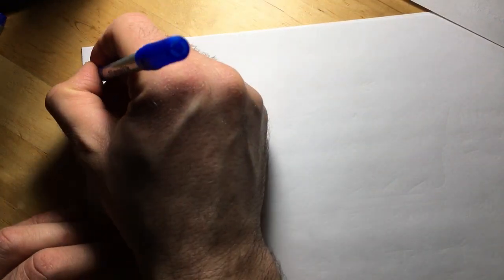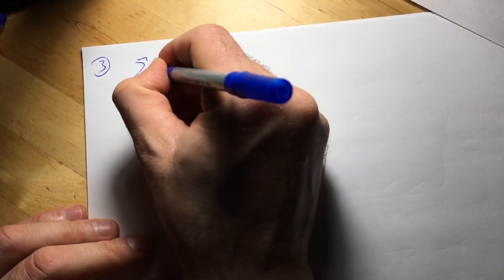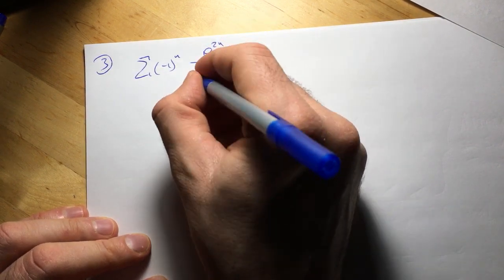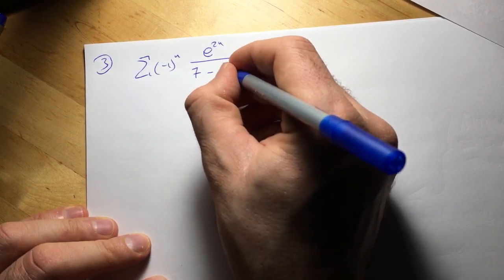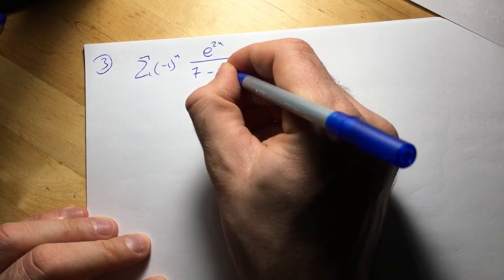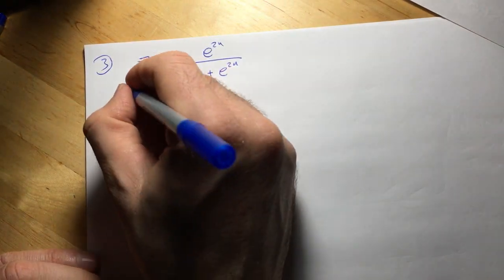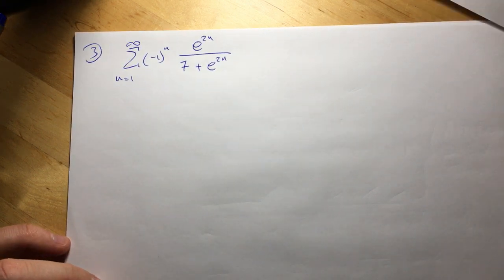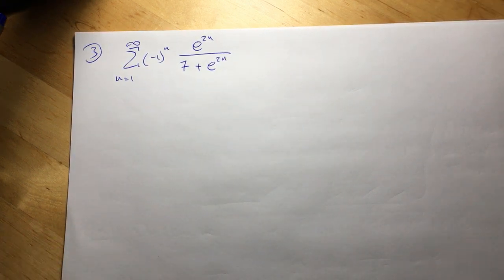Okay, so let's do more examples. 3, the sum of negative 1 to the power n, e to the power 2n over 7 plus e to the power 2n. Okay, then it goes from 1 to infinity. Again, as I said in the previous lectures, always keep in mind the test for divergence.